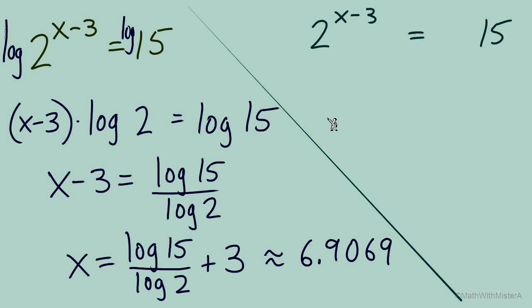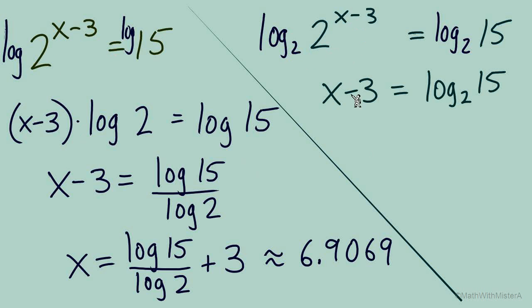Now a different choice would have been to use a log base 2. Let's just take a quick look at how that would show as a solution. Log base 2 of both sides. Now on the left I'm doing a couple things, just bringing down the x minus 3. I'm still bringing it out front like I did on this example, but I'm also at the same time saying log base 2 of 2 equals 1. So I'm left with just x minus 3 times 1, or x minus 3.